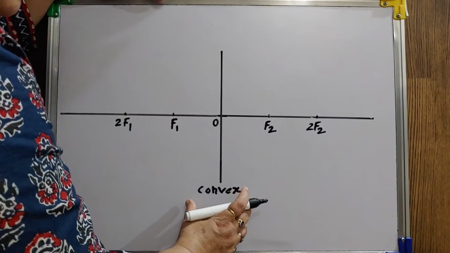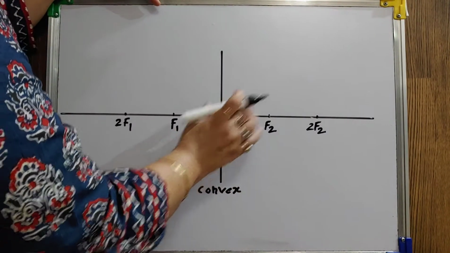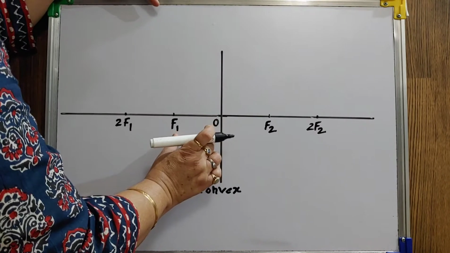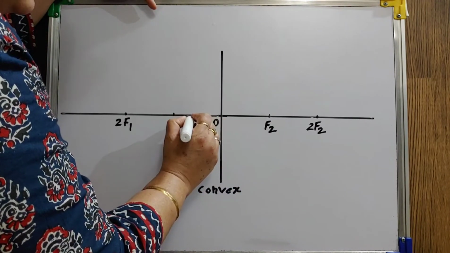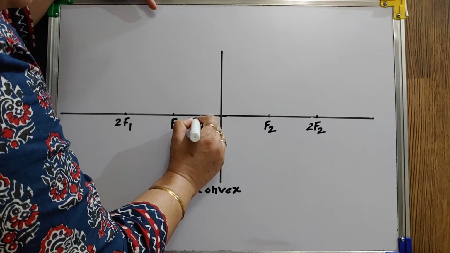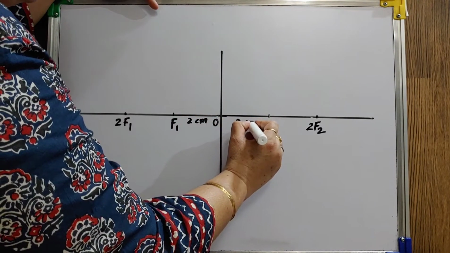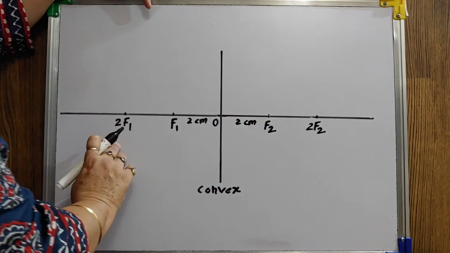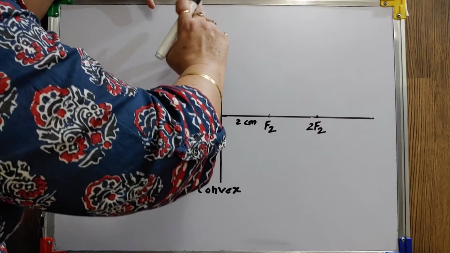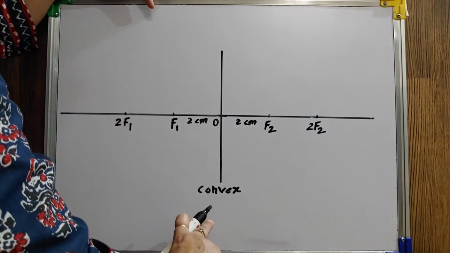Now first we are dealing with the ray diagram of the convex lens. As we have seen earlier, f1 is this side, f2 is this side. Always take this distance as 2 centimeter. Now, this is double the focal length, that is 2f, the center of curvature, because you know that the lens is bounded by two curved surfaces.